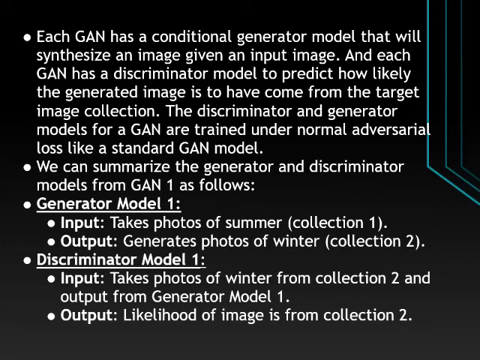We can summarize the generator and discriminator models from GAN 1. Generator model 1 takes the photos of summer from collection 1 as input and generates photos of winter as output. And the discriminator model takes the photos of winter from collection 2 and the output from generator model 1. It checks whether the photos of winter made by the generator are real or fake.